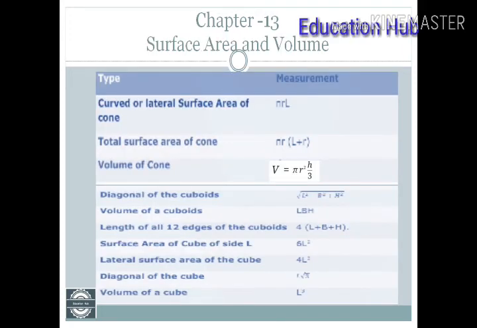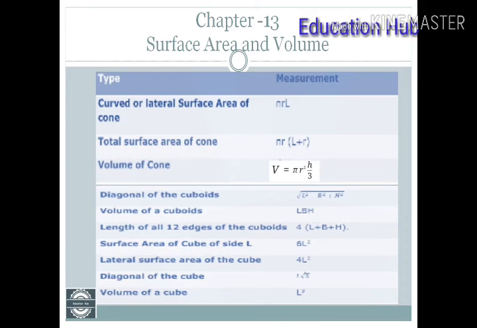The curved lateral surface area of a cone is given as pi r l. Total surface area of the cone is pi r into l plus r. Volume of the cone is pi r square h by 3.